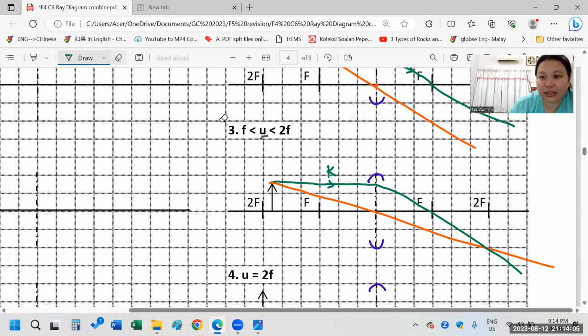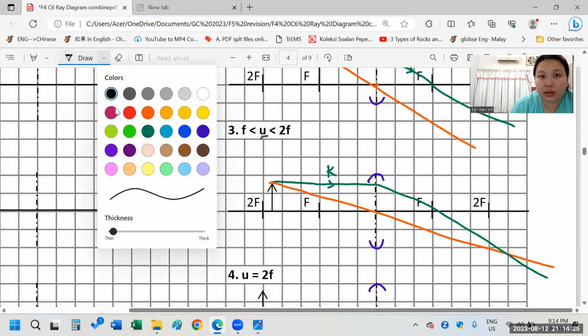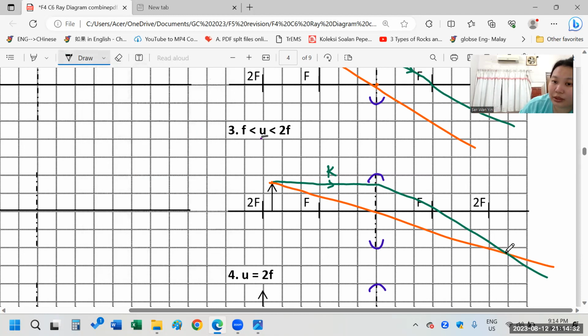And you will find out that intersection, correct? Vertical intersection. So where is the intersection point? Intersecting point is here, right? Green and orange. This is the intersecting point.